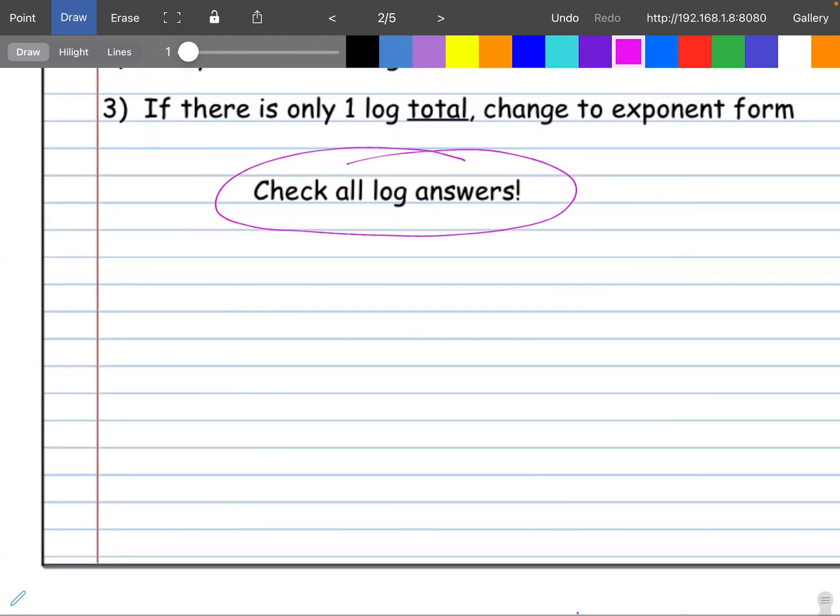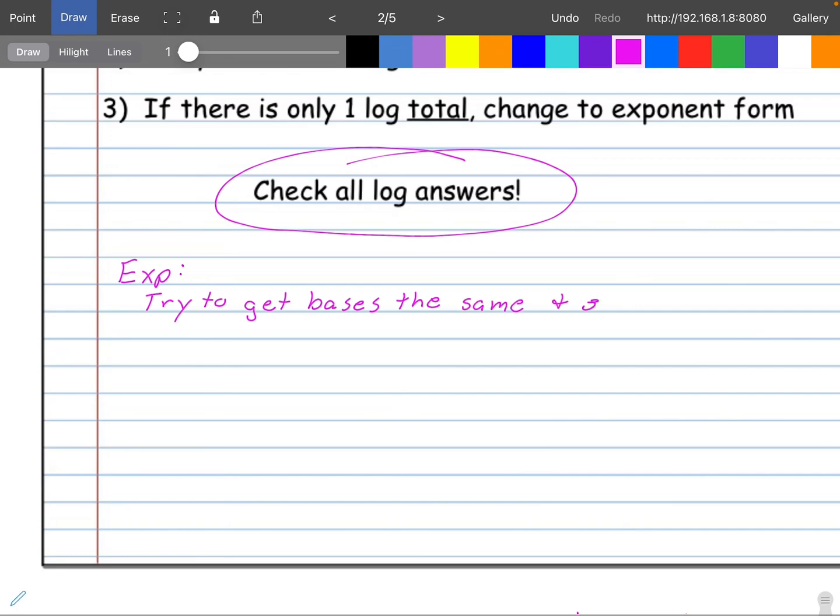Now for your exponential equations, remember, for exponential, you are going to try to get the bases the same. And then, if you can, then you're going to ignore the bases once they're the same, and then you can set the exponents equal.